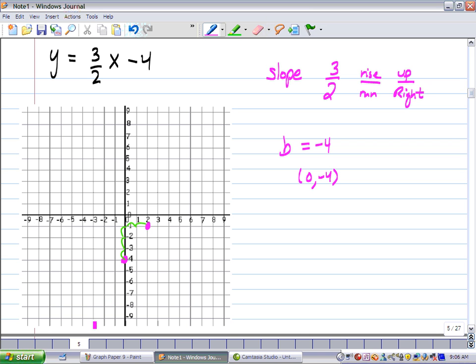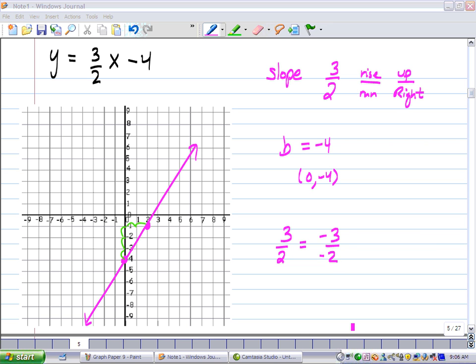I might also mention that the slope is 3/2, but that's also equal to -3 over -2. So if I had -3 over -2, what would happen? I would cancel all the negatives and get +3 over 2.